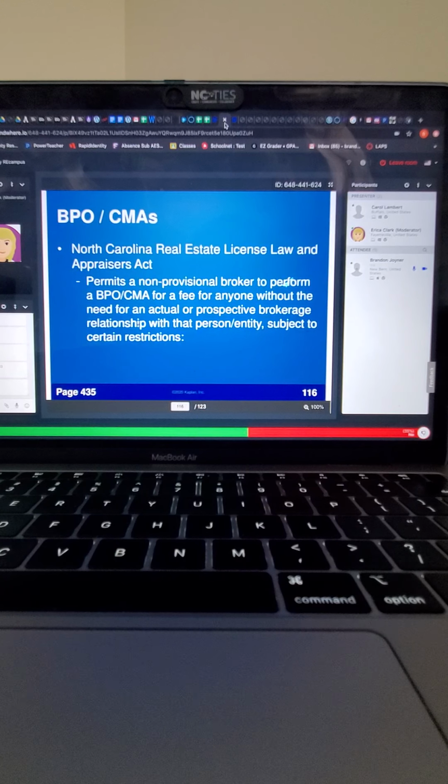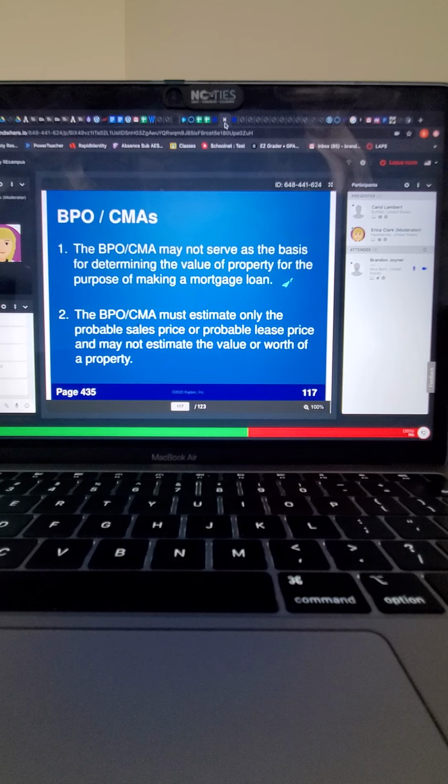And we have to do it according to North Carolina license law. Article 6 of license law deals with BPOs and CMAs. And I want us to look at what's included in that in a minute, but right here's most of it.